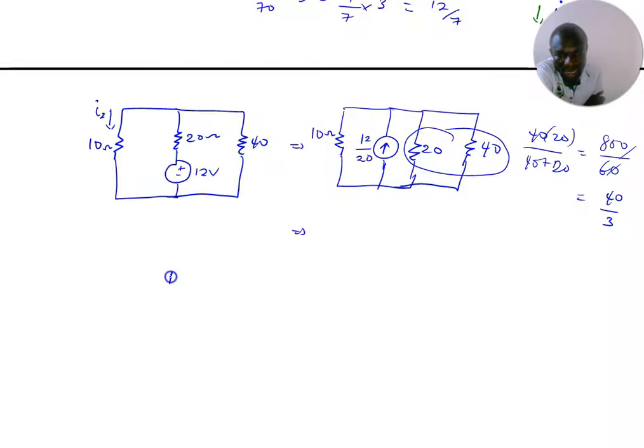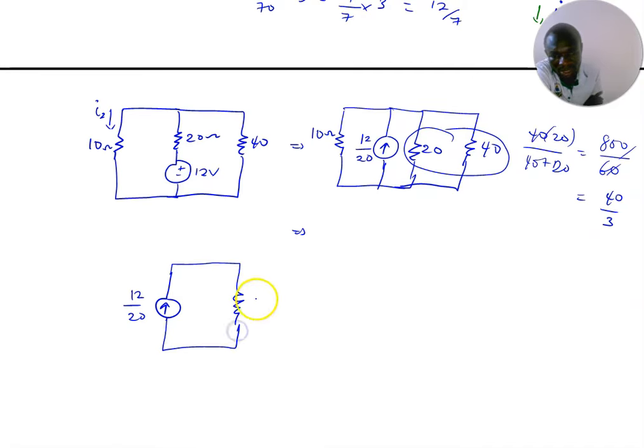So this is the new circuit. I'm going to get a current source moving upward, giving us 12 on 20. Then I'll get the 10 ohm resistor, which we assume the current is moving downwards, and that is the I2, right?